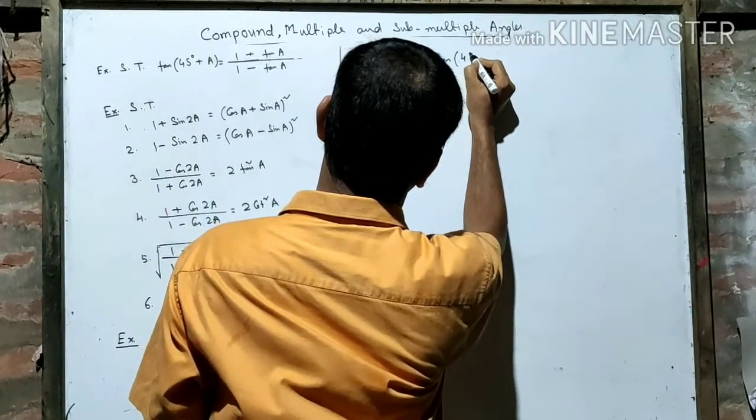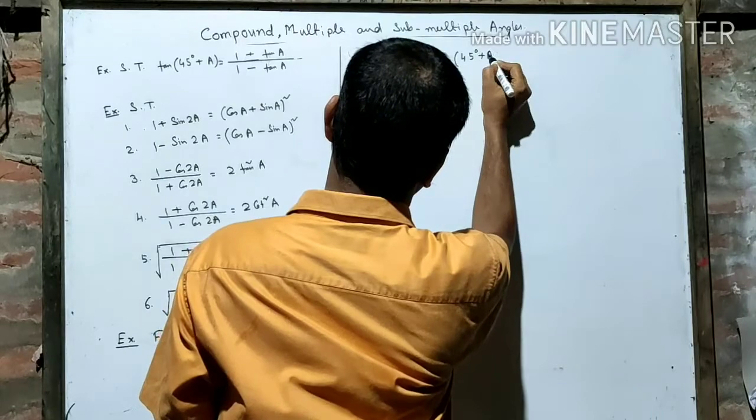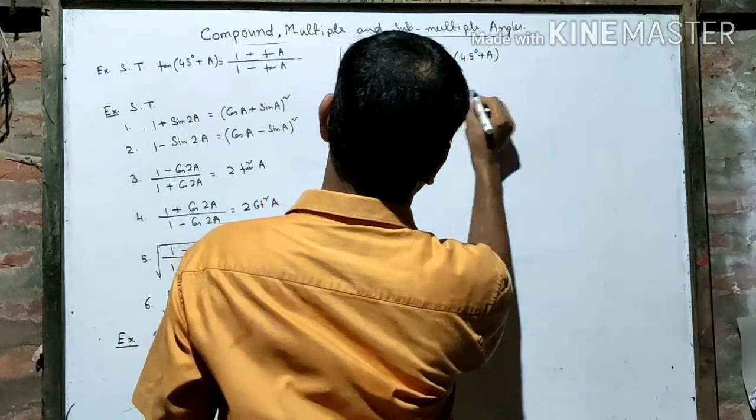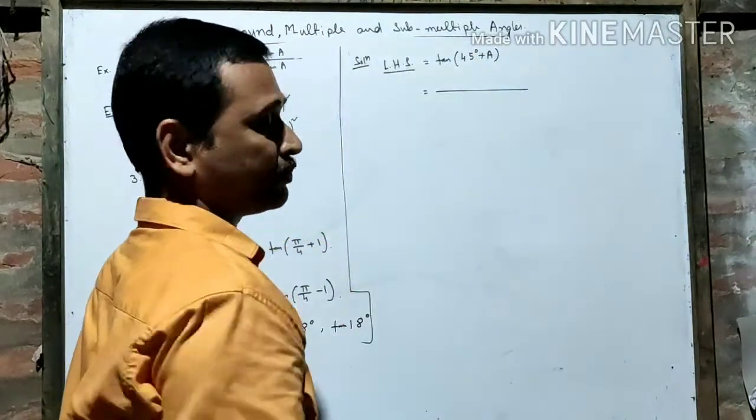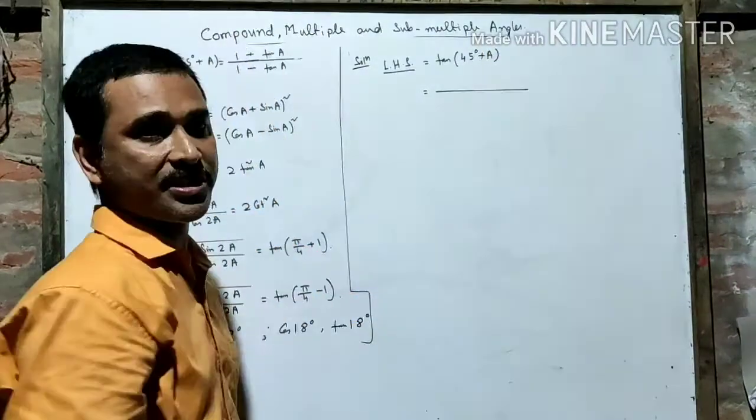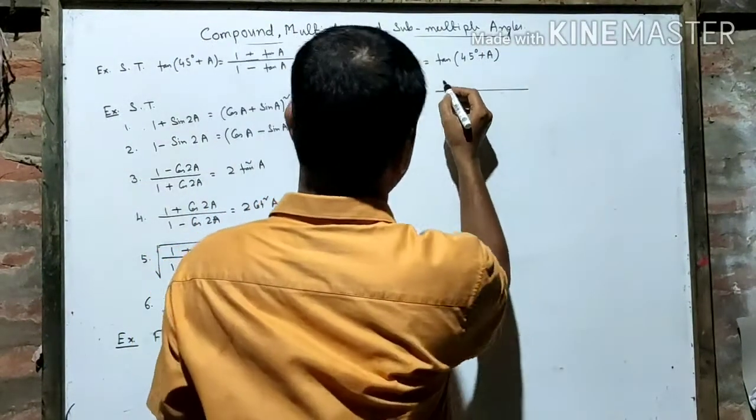Tan of 45 degree plus A. This is of the form tan A plus B. A means 45 degree, B means A. So let's expand.